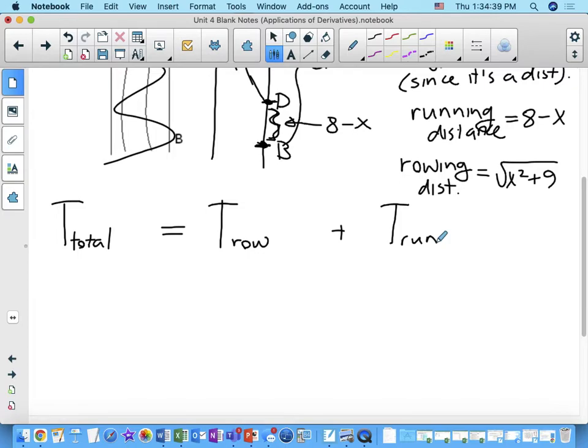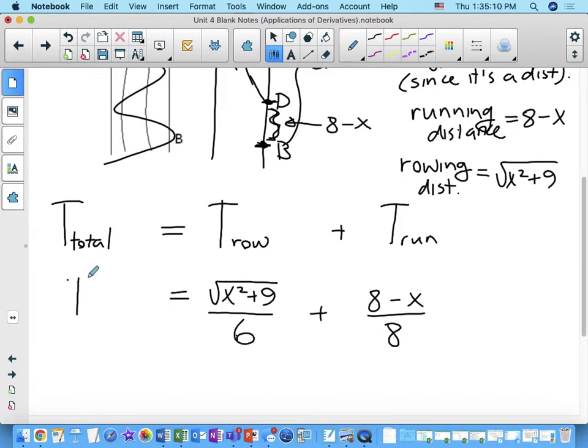So your rowing distance is the square root of x squared plus 9. What's the rowing speed? 6. The time running is the running distance, which is 8 minus x, over the running speed, which is 8.